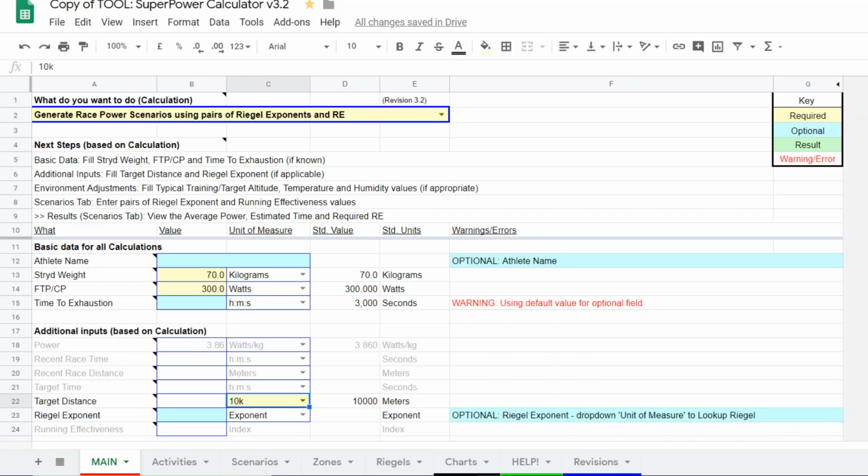And what I want to do is just demonstrate the relative effect of those two variables, because those are two things that you have to sort of estimate in producing a power plan.